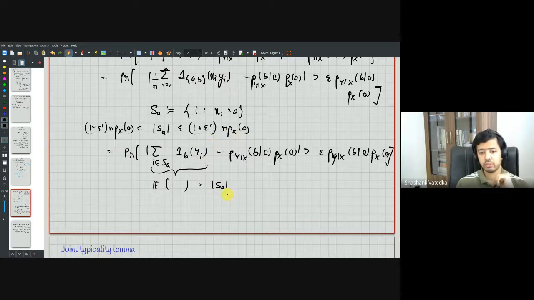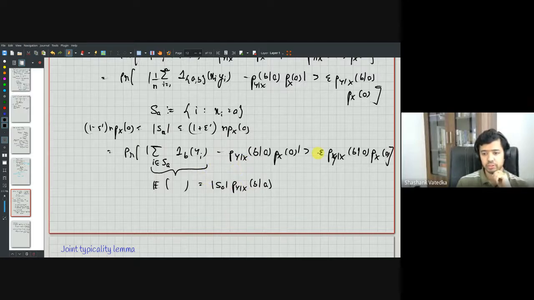So if you look at the expected number of locations in which y_i is equal to b, it is just going to be m times the probability that y equals b given x equals a. All right, and the rest is just a matter of simplification.